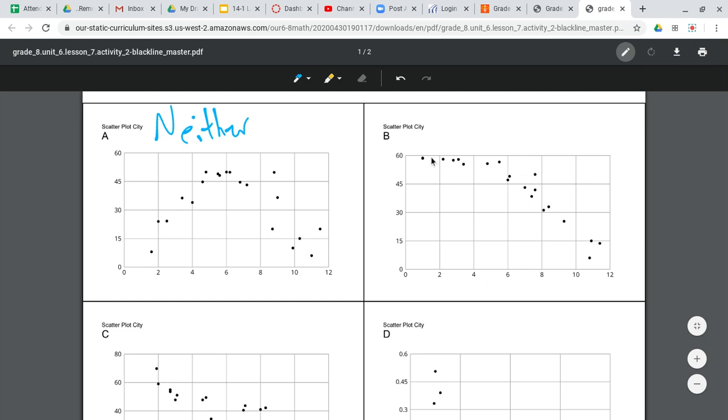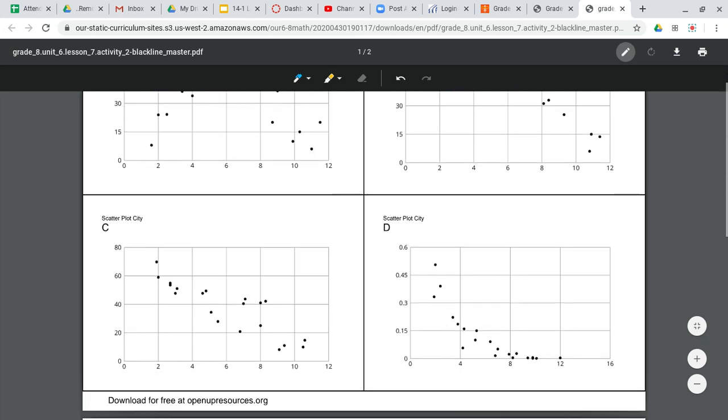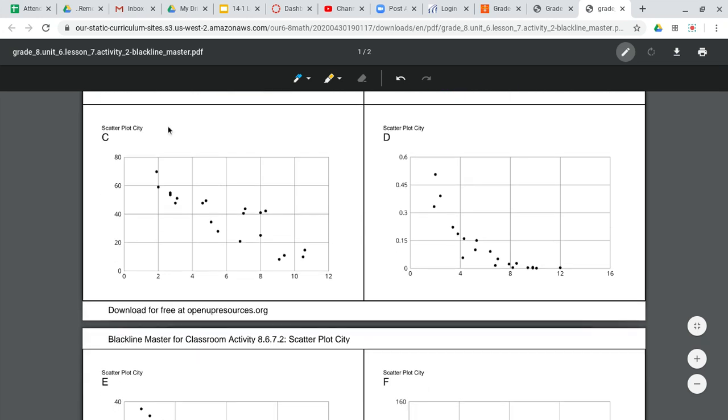What about B? What's happening with its data as we go from the left to the right? Is it going up to the right or is it going down to the right? It's going down, so this is negative. All right, let's look at C and D now. What about C?